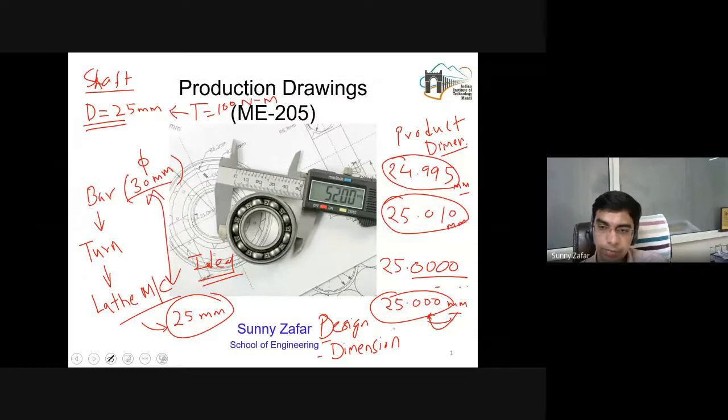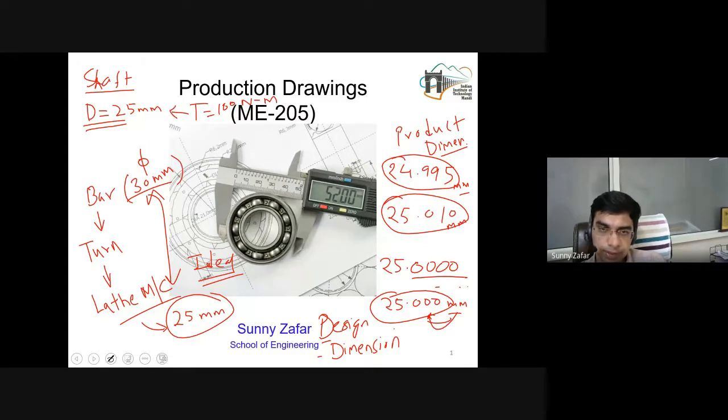Beyond that extent, we will say that the shaft is undersized, or it is oversized to be put in practical use. Production drawings deal with these aspects, how to represent them for the shop floor person or the person who is manufacturing. From the drawing, they should know the acceptable deviation in the dimension.